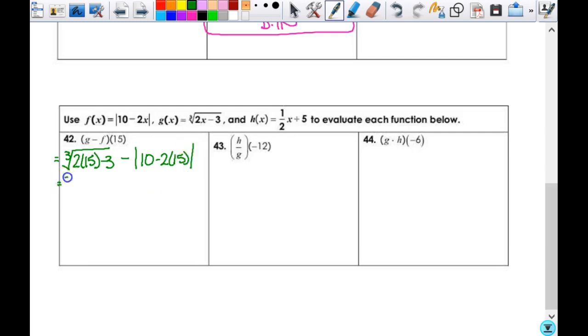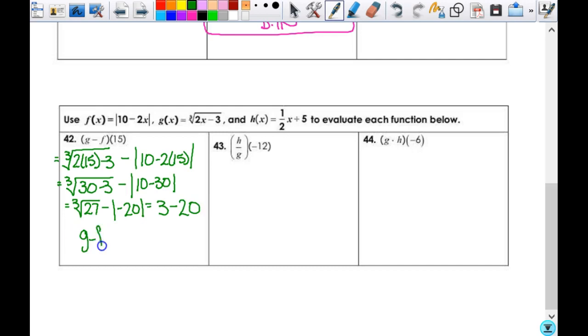So this gives me the cube root of 30 minus 3 minus the absolute value of 10 minus 30. So this is going to give me the cube root of 27 minus the absolute value of negative 20, which gives me 3 minus 20. So that means that g minus f of 15 is equal to negative 17.